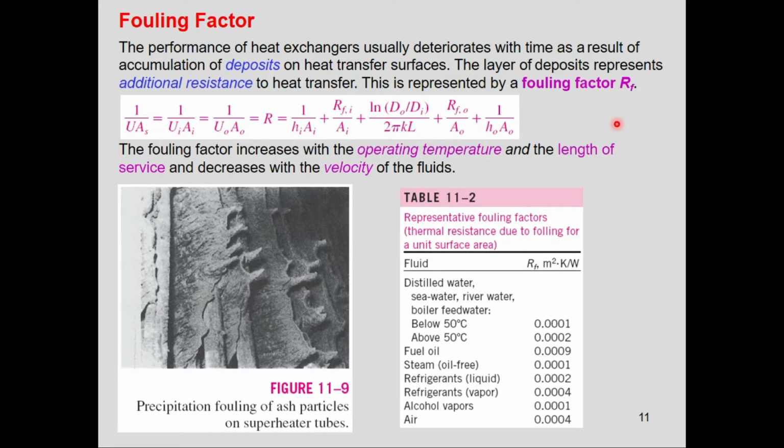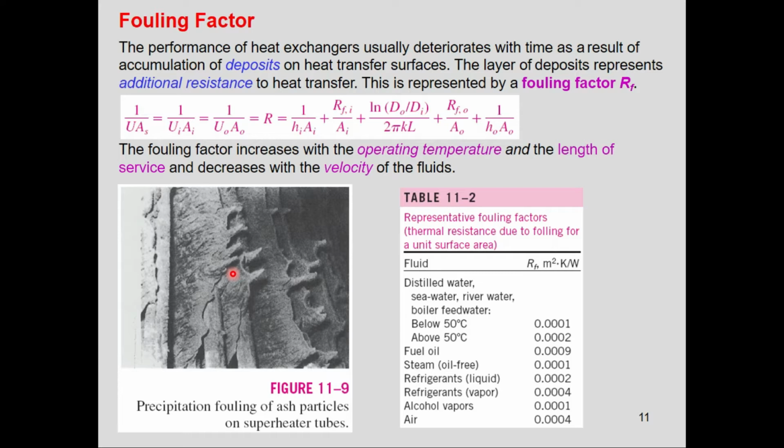So this is the precipitation of the ash particles on the superheater tubes. As you can see, these are the deposits which resist the transfer of heat across the particular wall or across the particular tube. So when we determine the overall heat transfer coefficient, we have to add this resistance as well.